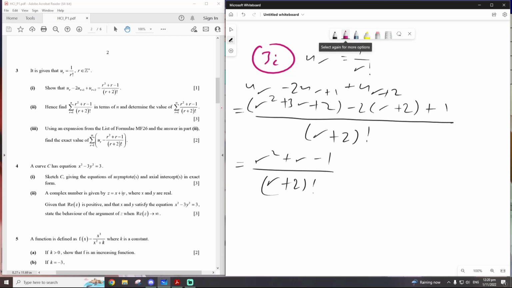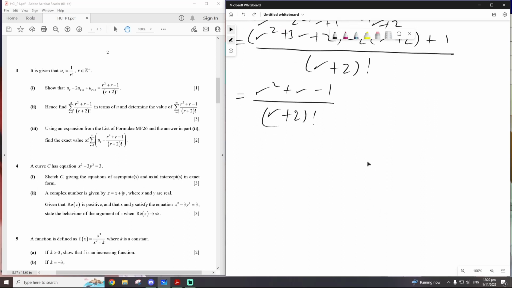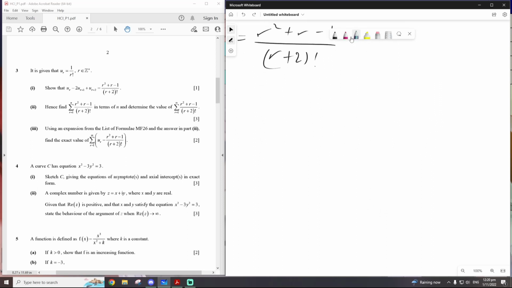Okay, then for part 2, if you've done method of differences before, it should also be a no-brainer. This is quite a standard part. We notice that the sum of R equals 1 to n, this is actually R squared plus R minus 1 divided by R plus 2 factorial.